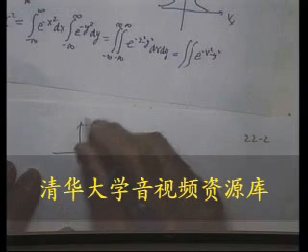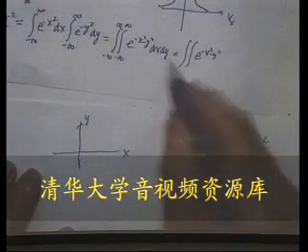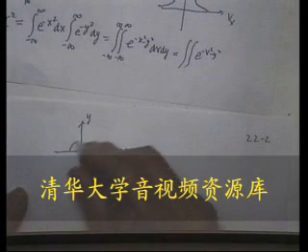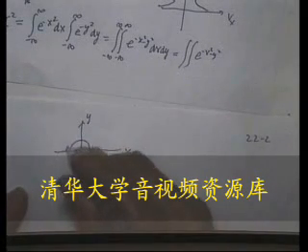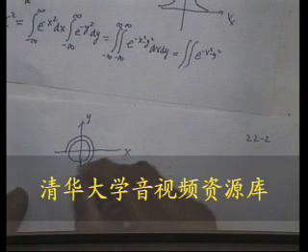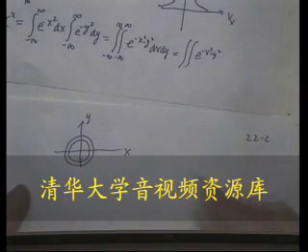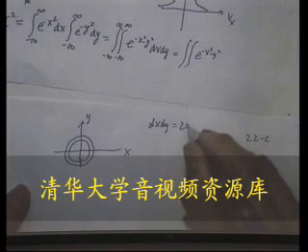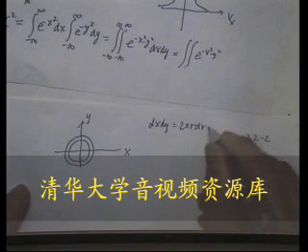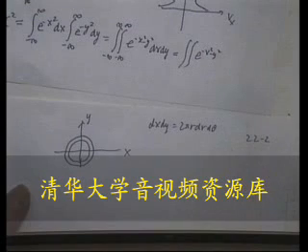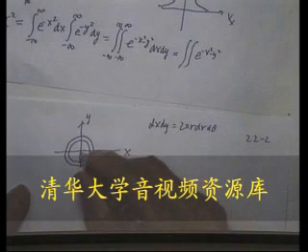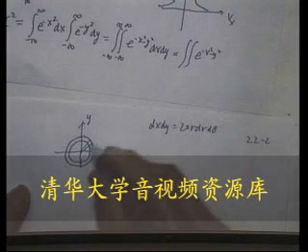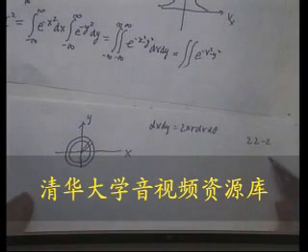This is the xy space. dx dy means the area, but I can evaluate it by changing into circular coordinates. In other words, dx dy is equal to 2 pi r dr d theta. This small area is 2 pi r dr d theta.